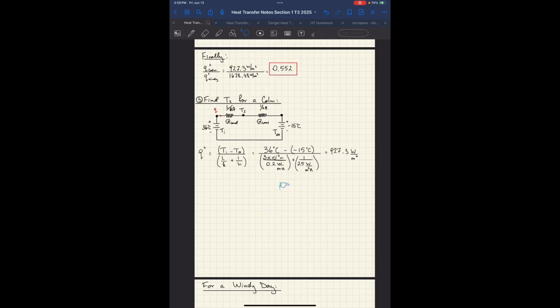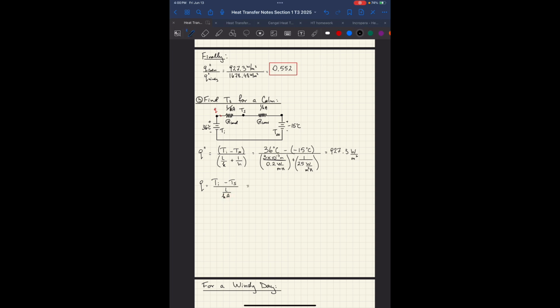So let's write it out like this first. Q is going to be Ti minus Ts over L over KA. Now it's actually easier this time because I have the 1 over A. It's just easy to take out.